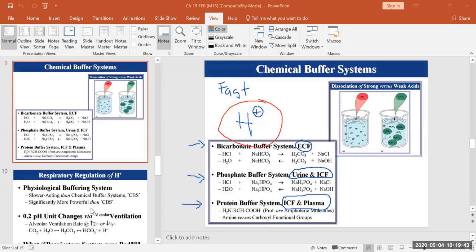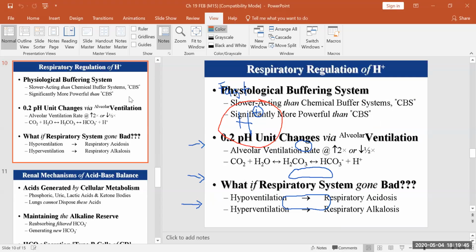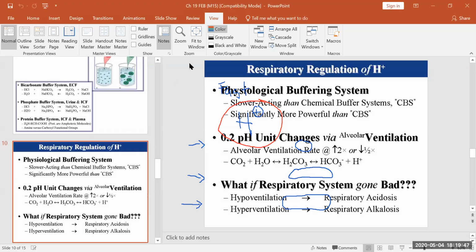Moving on to the next one, the respiratory system is also fast, also quick, but we have the same problem. It cannot get rid of those protons. The respiratory system is our lungs. The way you breathe, you can quickly change the pH of your blood plasma by the same relationship.